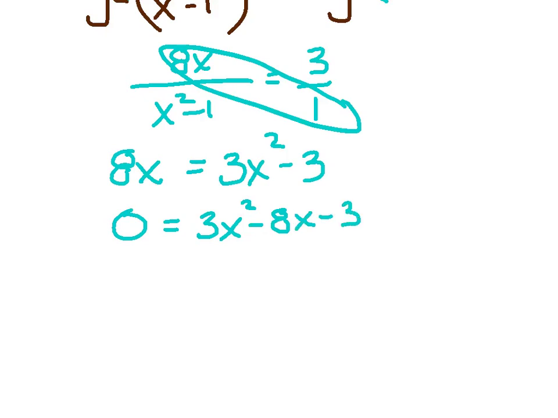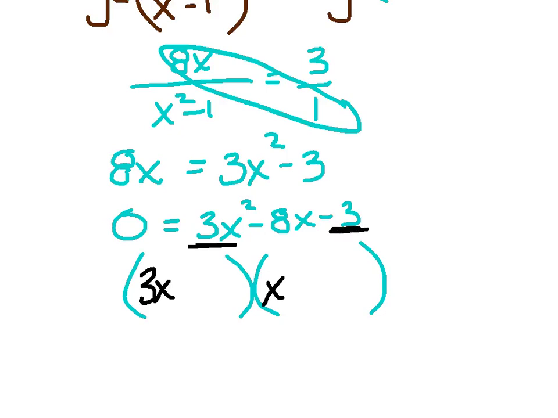Now I know nobody loves guess and check, but this guess and check isn't too bad. Go ahead and try it on your own, see if you get the same thing here. And what I said by nice is that you only have one option for 3x squared. You've got to use 3x and x. And you only have one option for 3. You've got to use 3 and 1. Now I just have to decide where my 3 and 1 go. And I believe they go here. And I'll do a quick check.